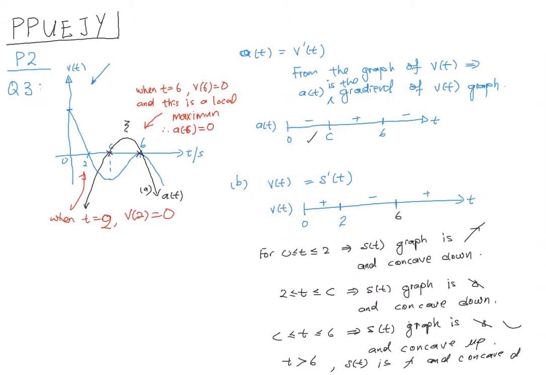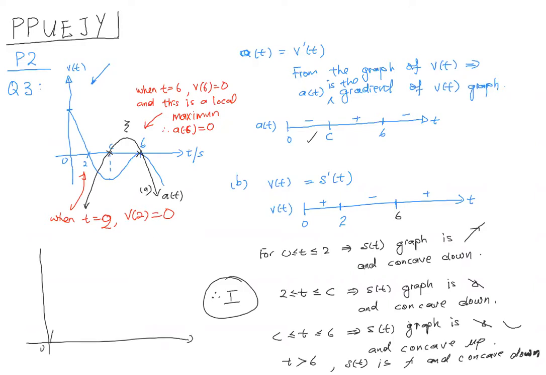Going up, concave down. So therefore, based on all these, I conclude graph number 1, because graph number 1 goes like that.